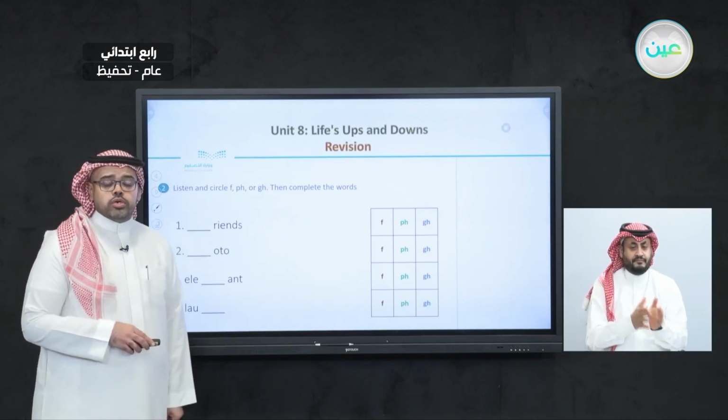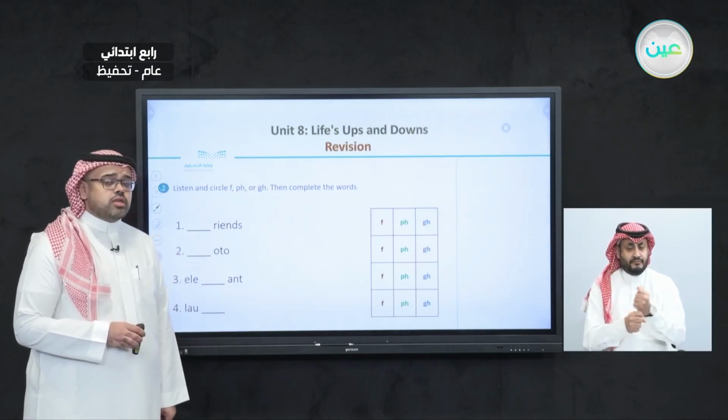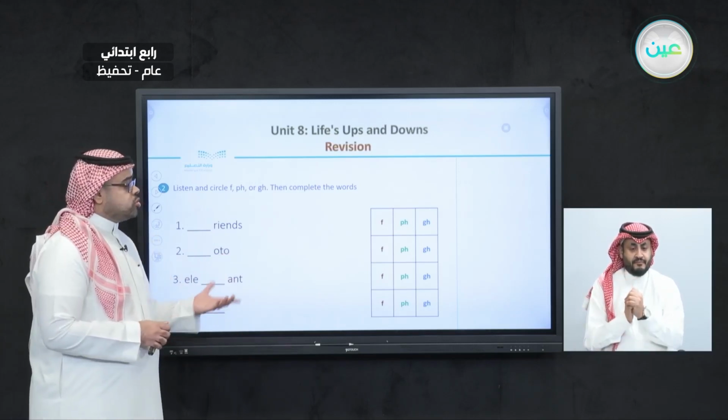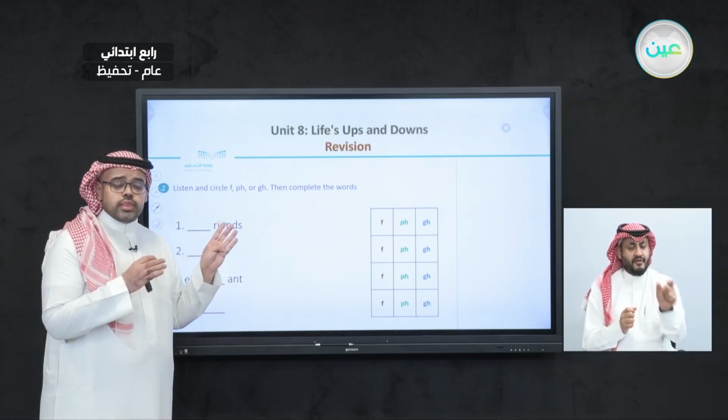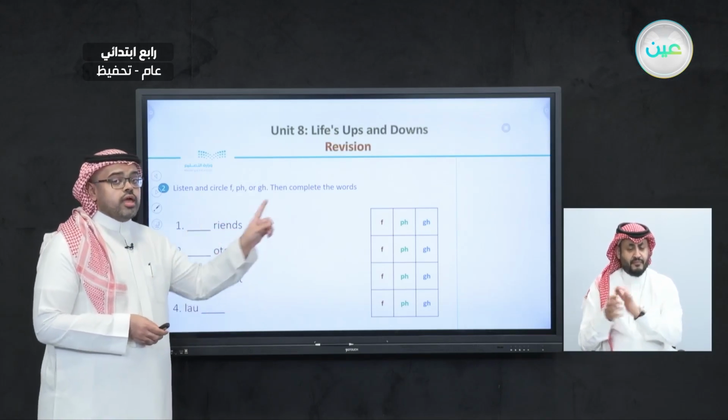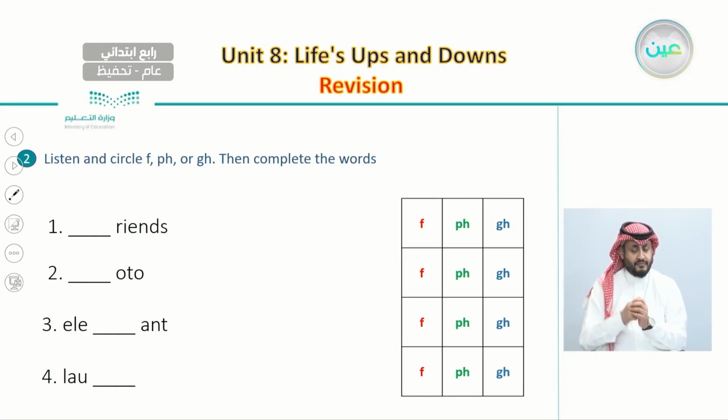The second thing we did last time is that we answered this question where we needed to complete these words with either F or PH or GH. We made an example of the first one.